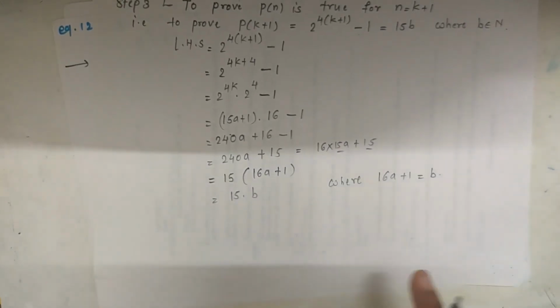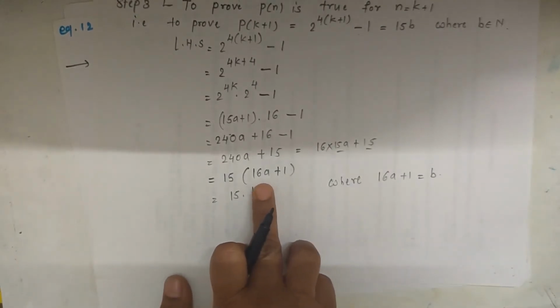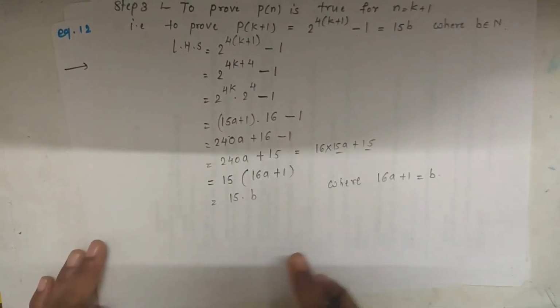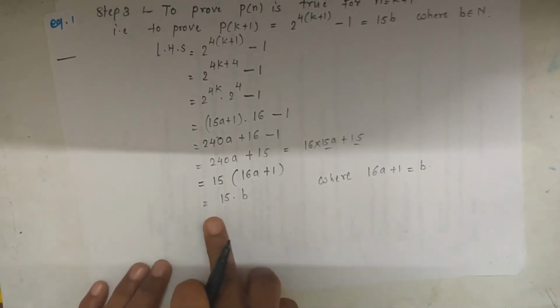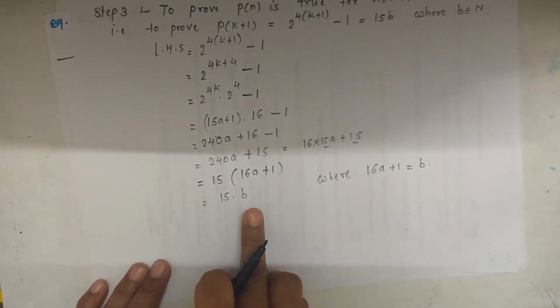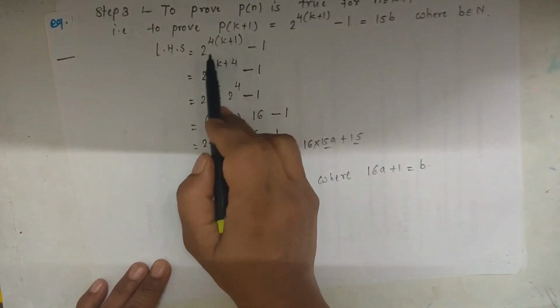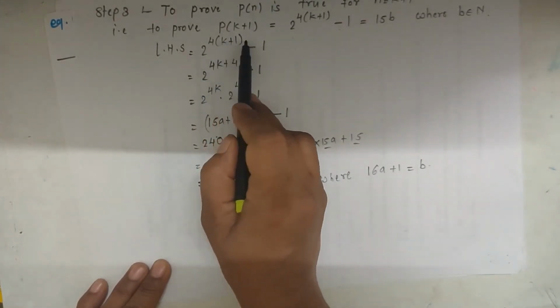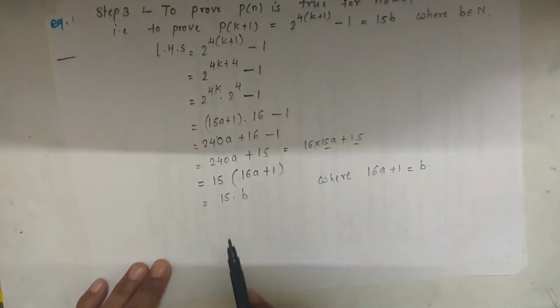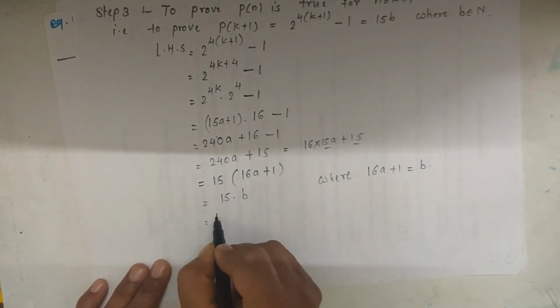When we consider 16a plus 1 equal to b, we get 15 into b. So 2 raised to 4 into k plus 1 minus 1 is equal to 15b. Here LHS is equal to RHS.